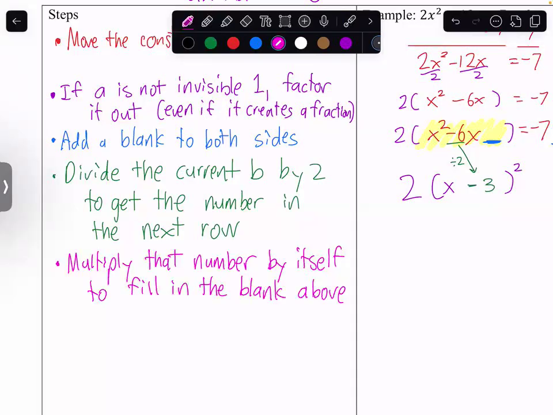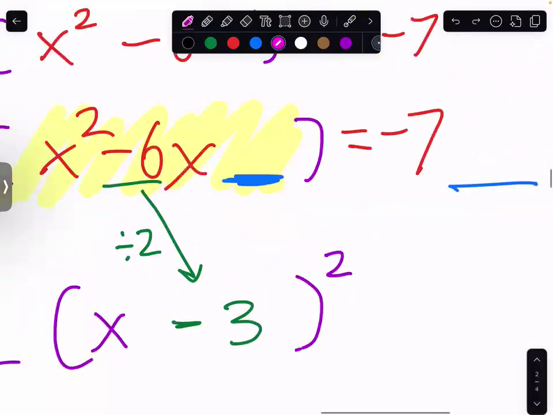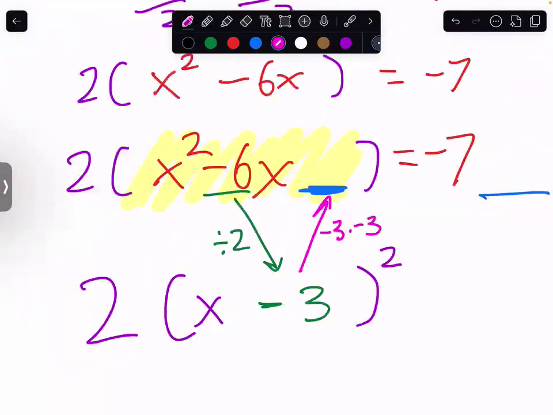That fills in the blank above. Remember, we were on this highlighted row, then we jumped down to the row below, but now we go back and fill in the remaining blank. You take that -3, you multiply it by itself. Negative times negative becomes positive.